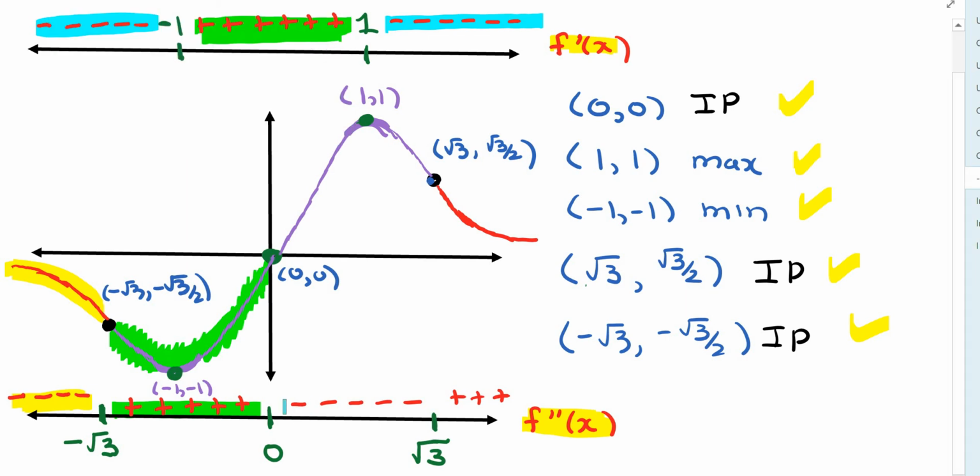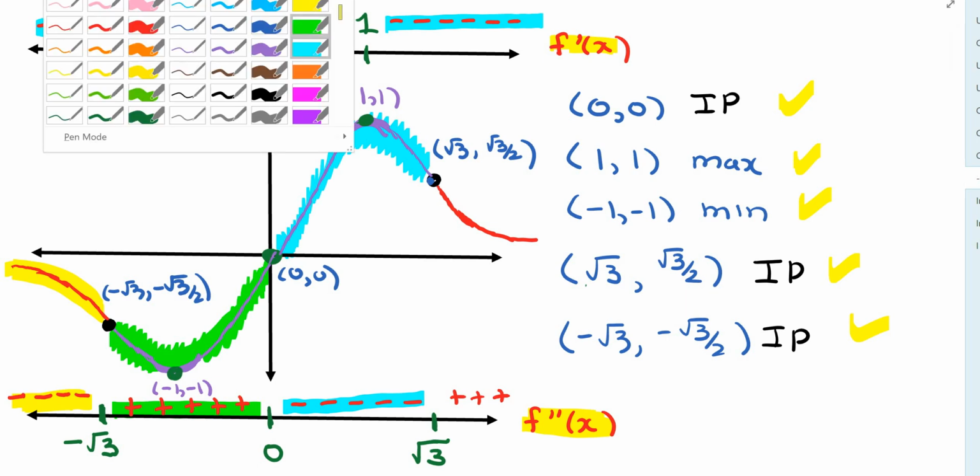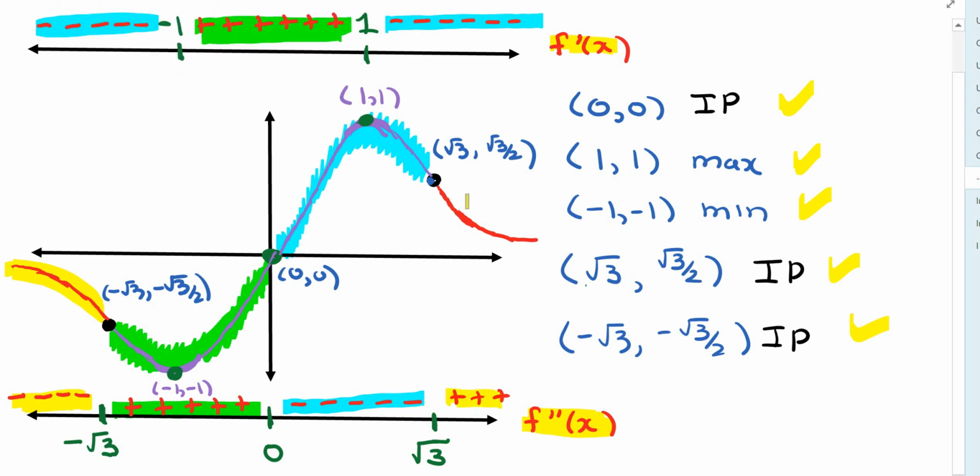And then over here, I'm concave down from 0 to root 3. All the way over here, this is definitely concave down. That's a parabola that's opening down. And then finally over here, I have concave up. And does this represent concave up at the tail end there? And the answer is yes, because remember, concave up means this, right? This is the general shape of concave up. And I'm just taking the left-hand side of that parabola right there, right?